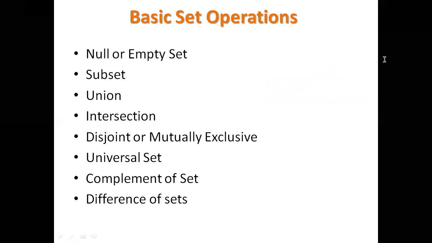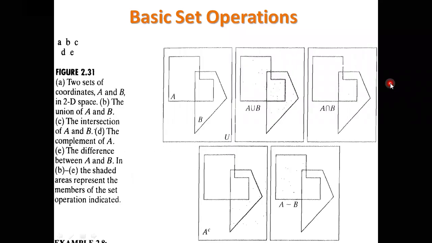Next, the basic set operations with diagrams. This is set A and this is set B. A union B means we are combining all the elements of A and B, taking the whole part. A intersection B means we only consider the common part.